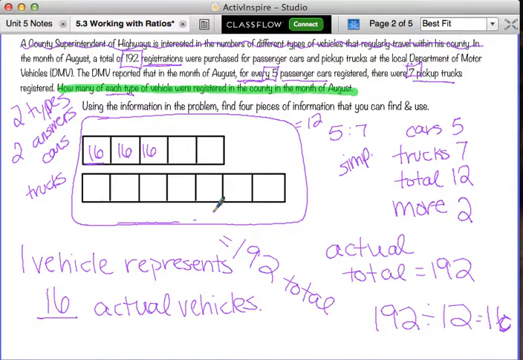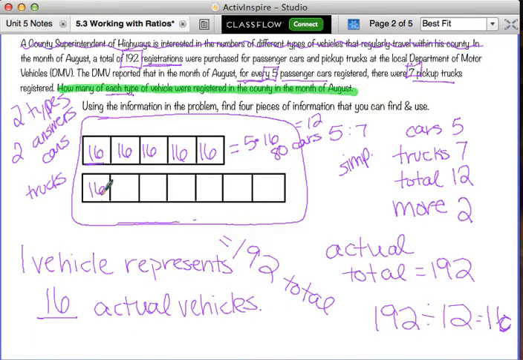So what that means is, since I have 5 cars in the ratio, and each one of those cars represents 16 cars, I can take 5 times 16. 5 times 6 is 30, 5 times 10 is 50, and 50 plus 30 is 80. So I know that there were 80 cars.